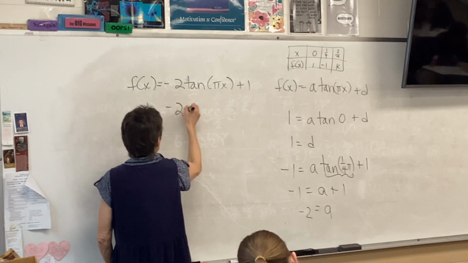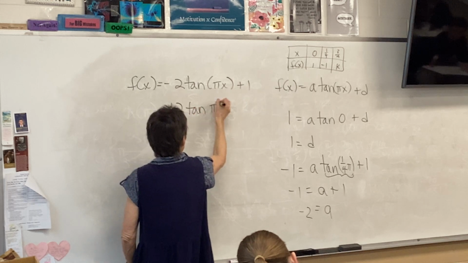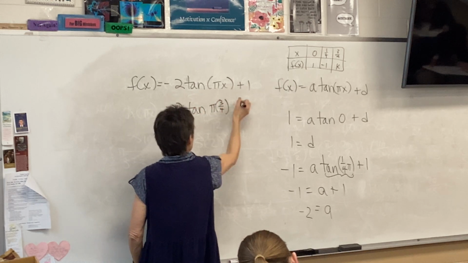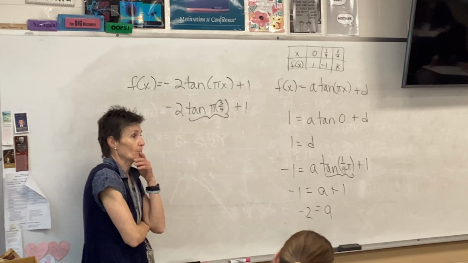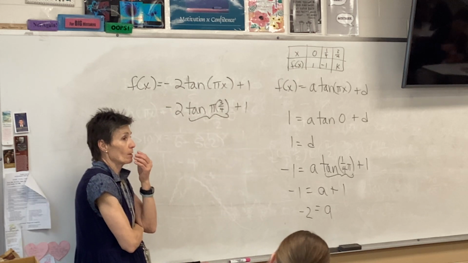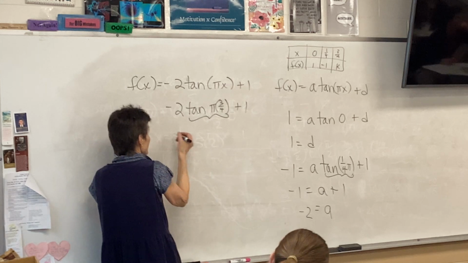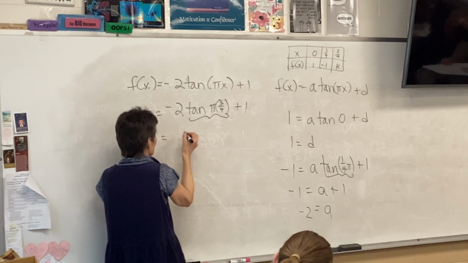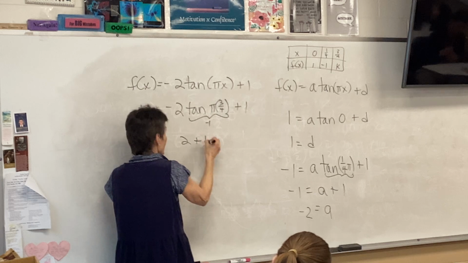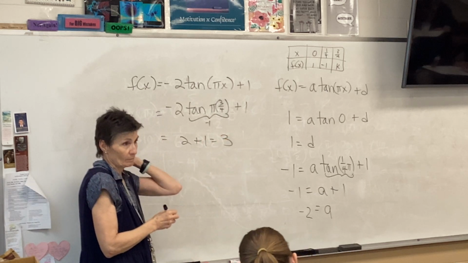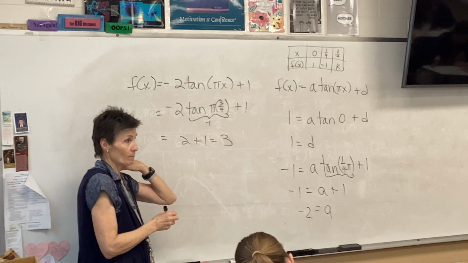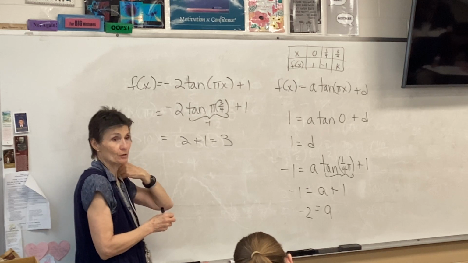All right, so -2 tan pi times 3/4 plus 1. So what's the tangent of 3 pi over 4? -1. So this is just going to be 2 plus 1 over 3. Everybody okay with that? You feel like you can do that?